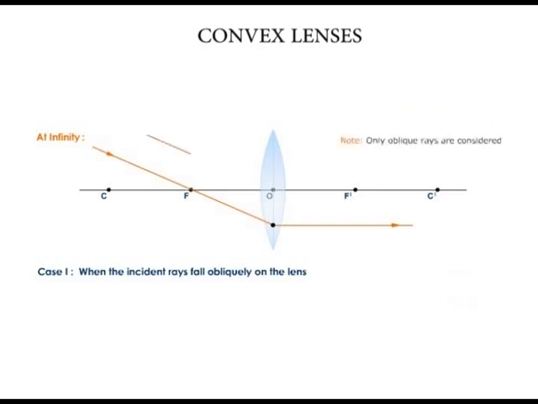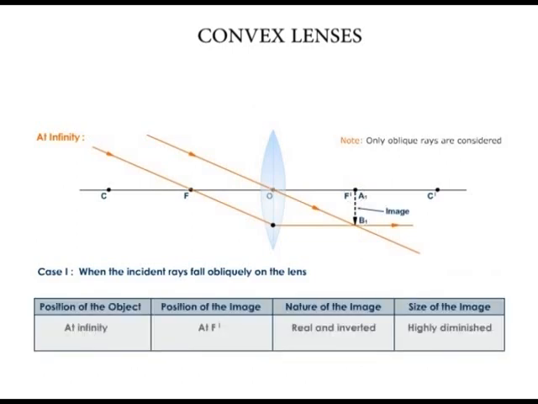Next, an incident ray through the optical center is undeviated. The two rays meet at F. Thus, for an object at infinity, a real inverted and highly diminished image is formed at F.